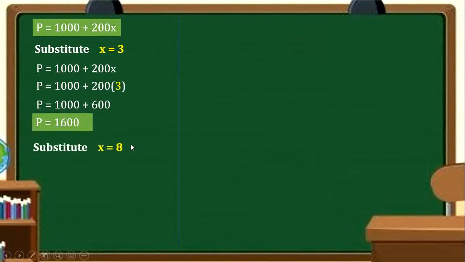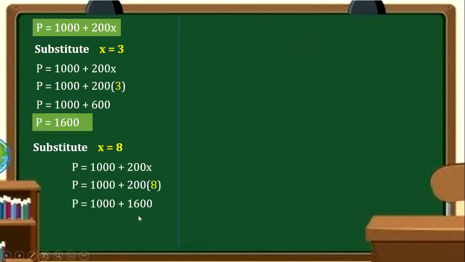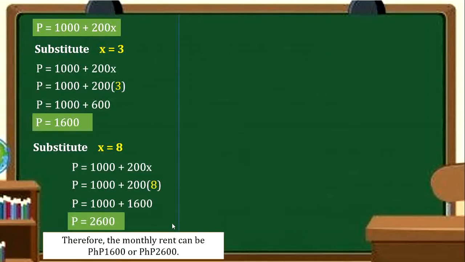And then, the other value of x, so we have 8. So, palitan si x ng 8. So, magiging 1,000 plus 1,600. So, P equals 2,600. So, therefore, the monthly rent can be 1,600 or 2,600.